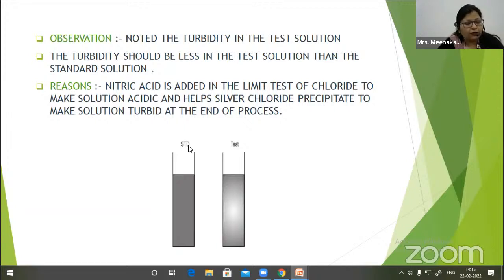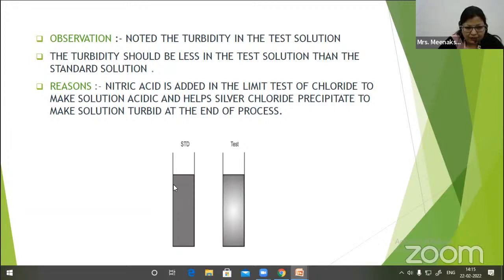So opalescence is usually measured in the limit test for chloride, and the standard solution of course gives us a standard which is official. So it will give us the appropriate amount of the chloride impurities that might be present in the sample. Now we have to compare it with our sample. The sample is the test.